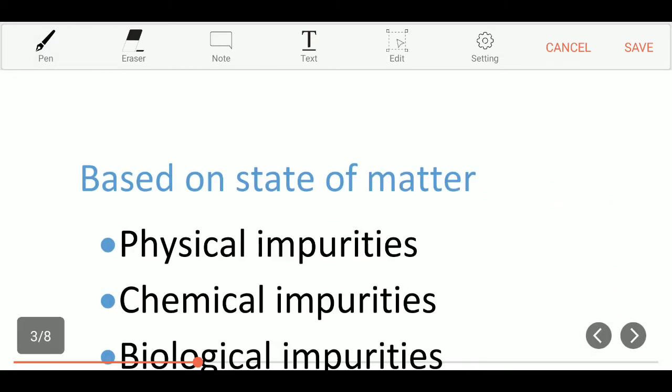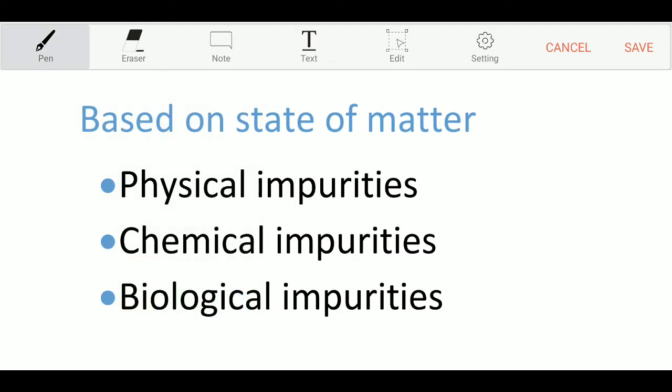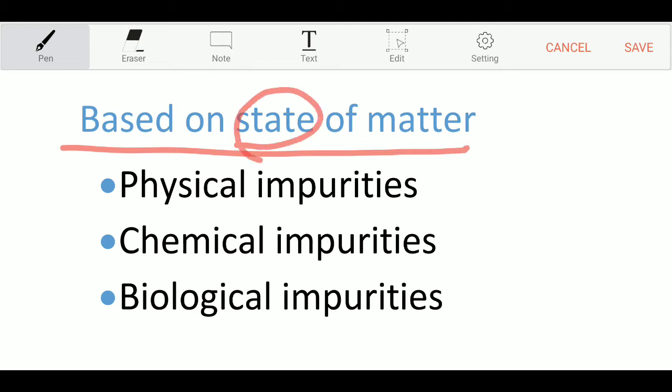Now another one, the last type, based on the state of matter. The state means physical impurities, chemical impurities, as well as biological impurities. Now we will discuss what a physical impurity is. Physical we can understand itself: we can check by our naked eye and taste whether this water is fit for drinking or not, for example whether it tastes salty.